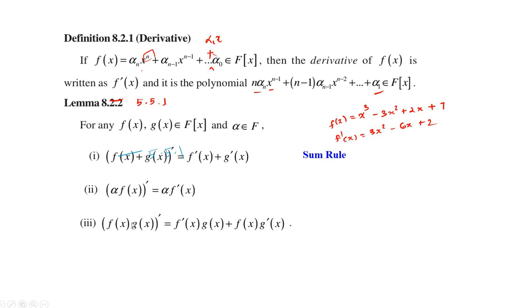The product rule says that first you find the derivative of the first, keep the other as such, plus you keep the first as such, then find the derivative of the other. So these are the sum rule, constant multiple rule, and product rule that we are going to have in this lemma, having given f of x and g of x in F[x], and of course alpha is in F.